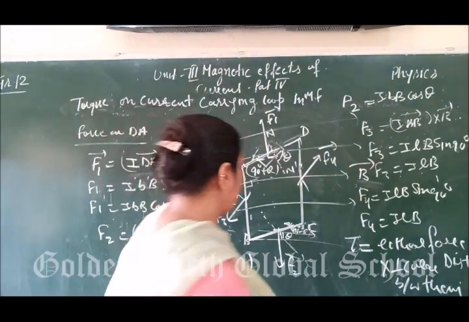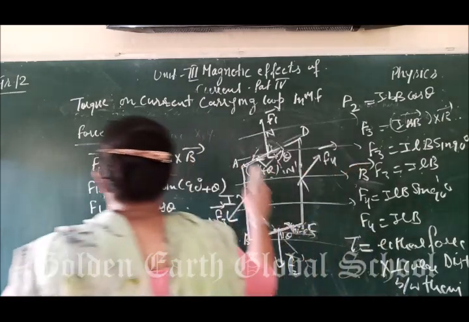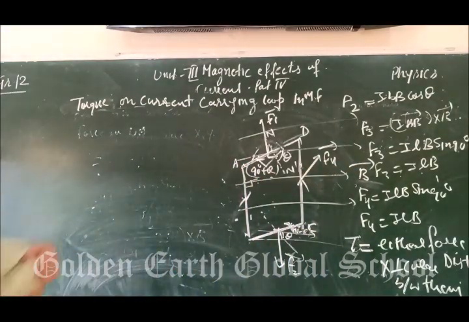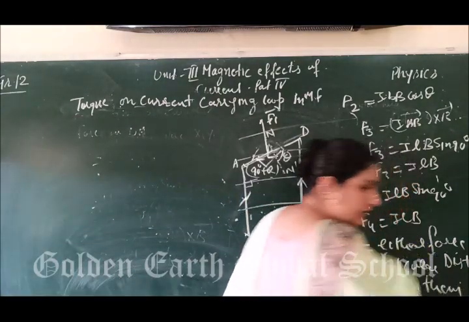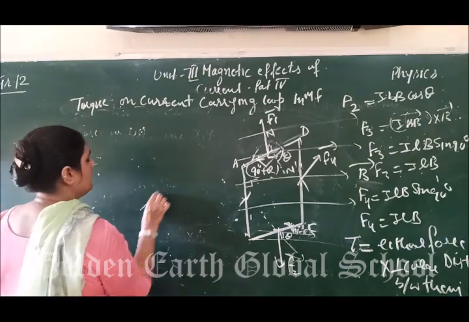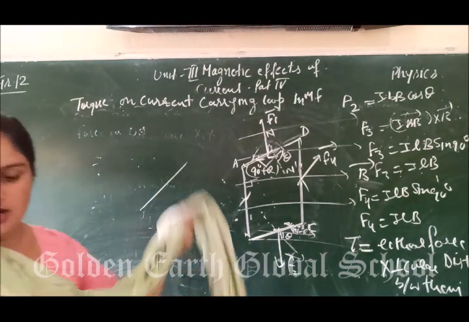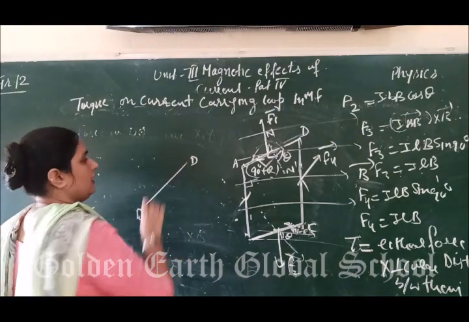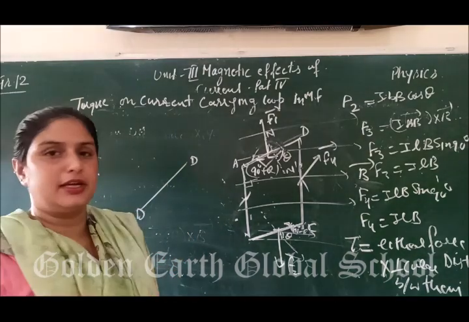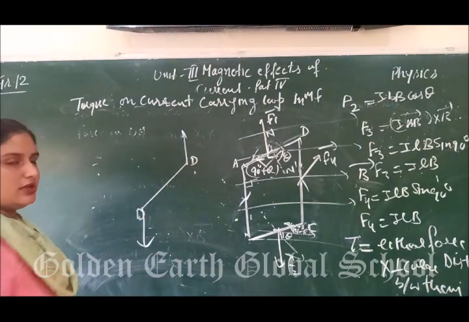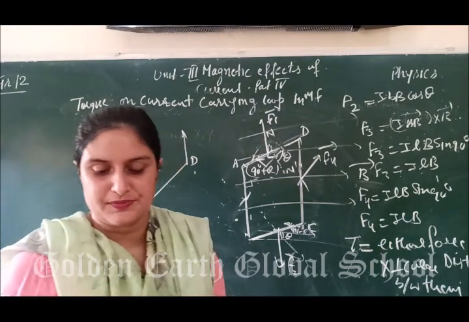To find the torque, I am going to draw a diagram again. Let us suppose this is the arm, that is the AD. On the AD arm, there are the two forces acting. One is the outward and one is the inward. These are the two forces.